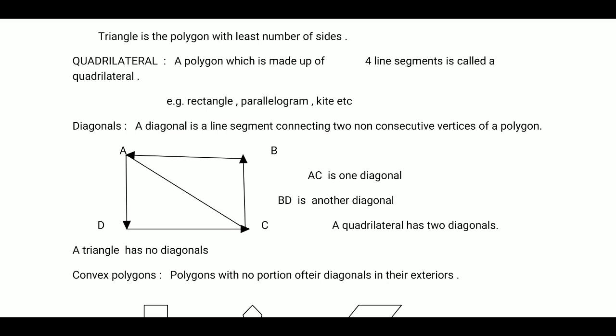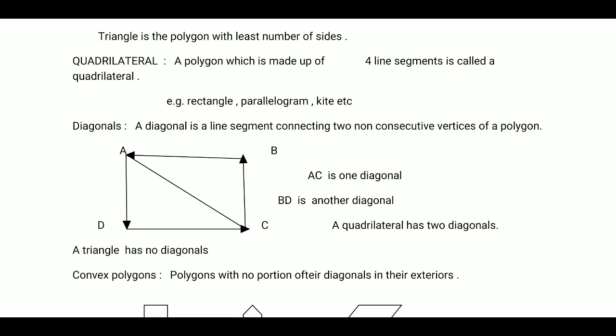According to this figure A, B, C, D, here A and B are consecutive vertices. B and C are consecutive vertices. A and D are consecutive vertices. So, non-consecutive are either A and C, means AC, or B to D, it means BD.